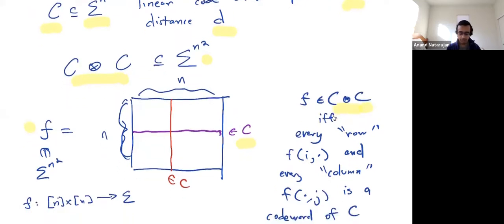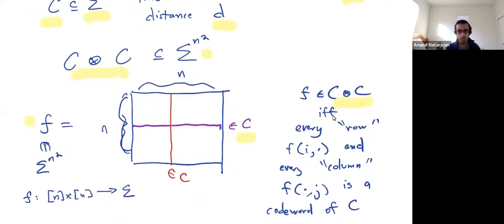There's an alternate notation for this that will be very useful for us. Instead of thinking of f as an element of sigma to the n squared, we can think of it as a function mapping from n cross n to sigma. So in the picture, that's like the function that maps from the row and column index of a cell to the value in sigma that's written in that cell of the array.